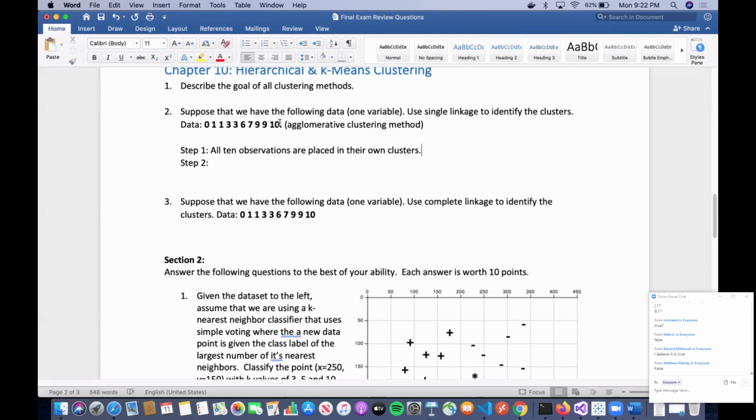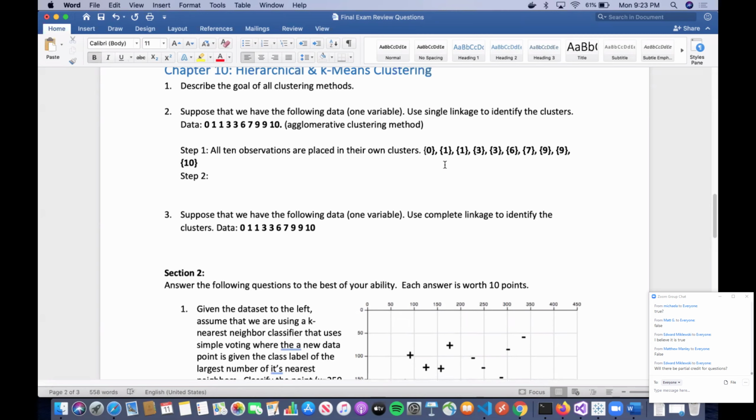So in so doing, that means we're going to have all these 10 placed in their own cluster like that. Okay, that's all you have. That's step one.